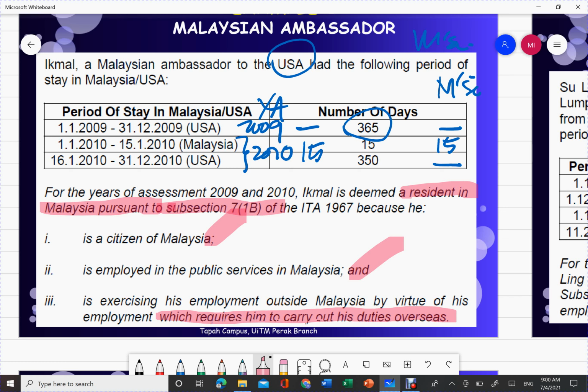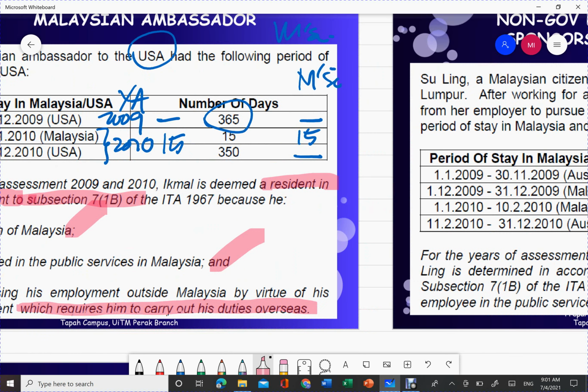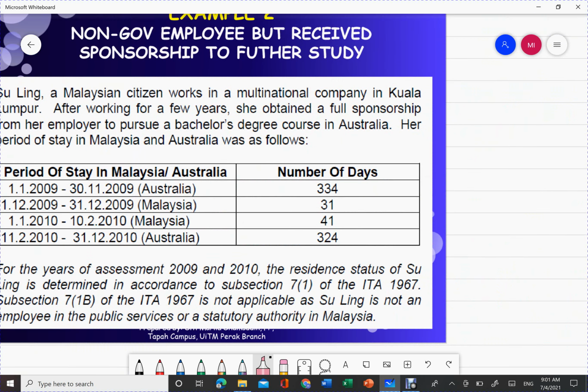So it is the same, their salary will be taxed in Malaysia, and their status is resident. We are going to treat them as resident. And you have to remember again, what is the beauty of becoming a resident in Malaysia? When you want to pay tax in Malaysia and you are a resident in Malaysia, there are 3 benefits.